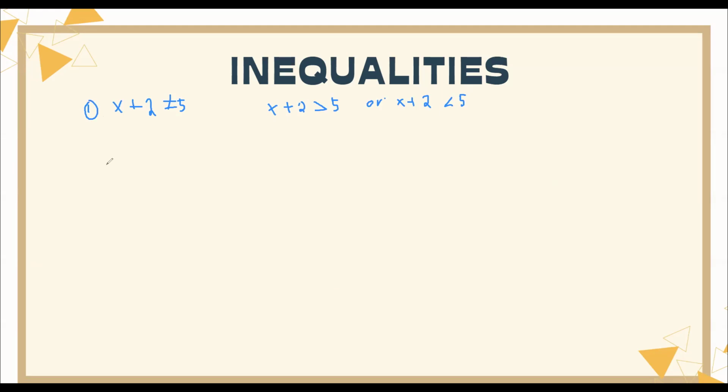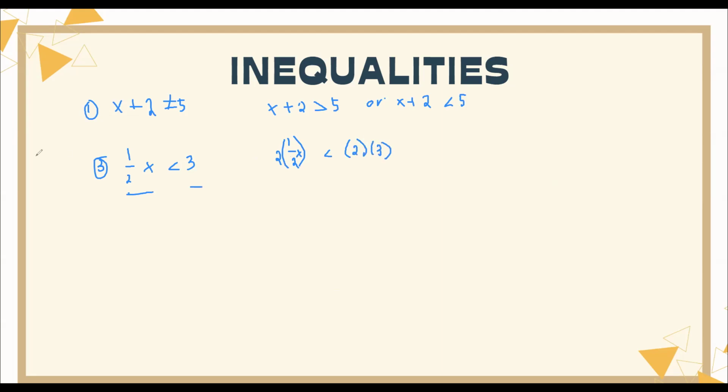Or for our next rule, let's say we have 1/2 x is less than 3. If we multiply both sides by 2, so this is your A, this is your B, then 2 times 1/2 x is less than 2 times 3.